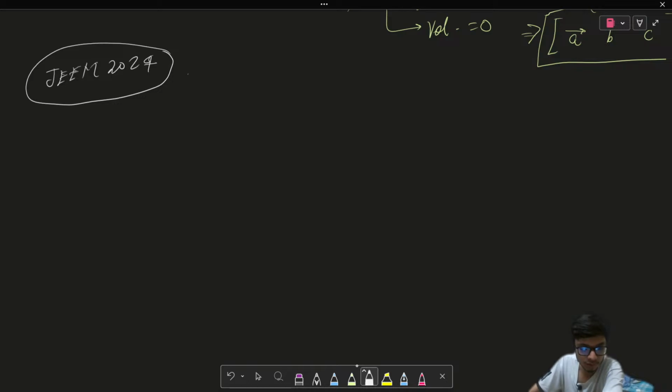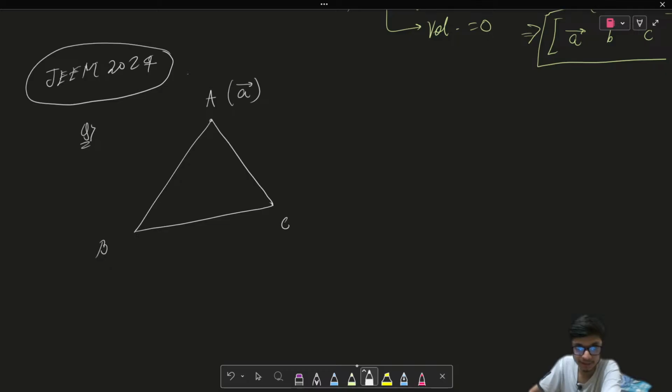If you look at this question, it says that you have a triangle, let us say this is my triangle ABC, where the position vectors are given as A vector, B vector, and C vector.